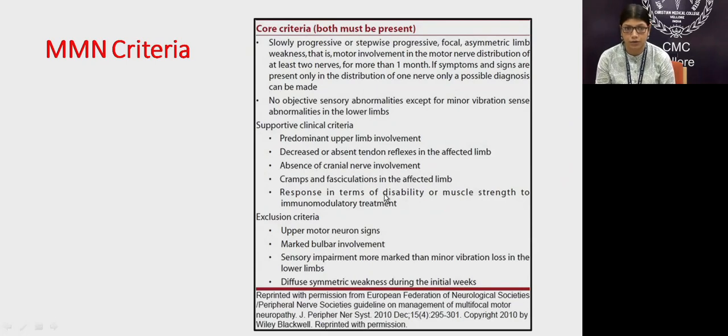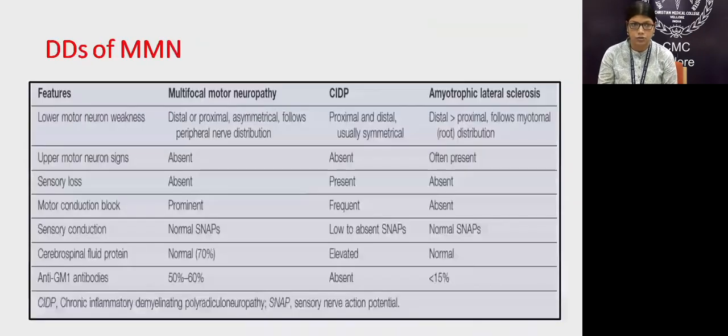And usually they present within 2 to 3 months, and the symptoms should last for more than 1 month, and the motor involvement should be demonstrated in at least 2 nerve distributions. So the closest differential, apart from ALS, is CIDP.